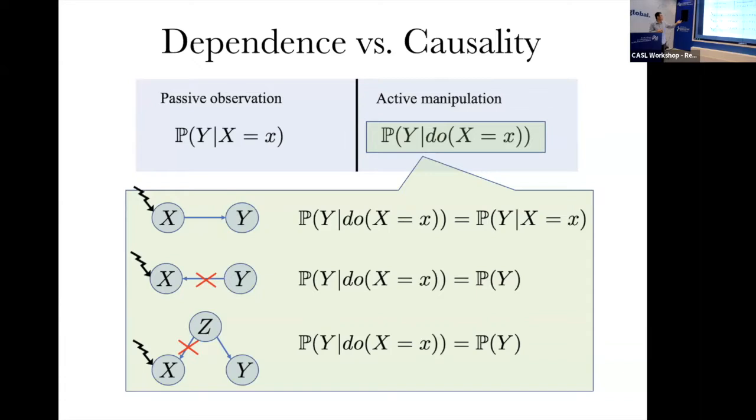If X causes Y, then intervention on X will change Y, but in the two alternative models, even if they are correlated or dependent in the same way, intervention on X will not change Y. So clearly causality is more informative, and we want to understand how.